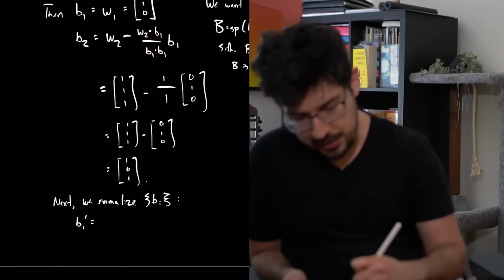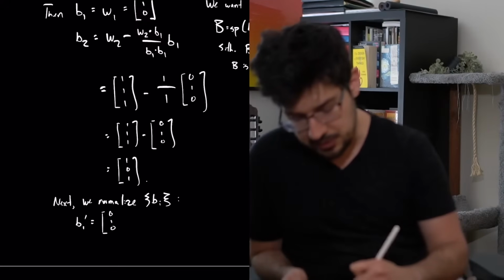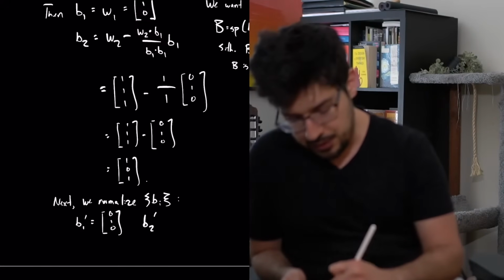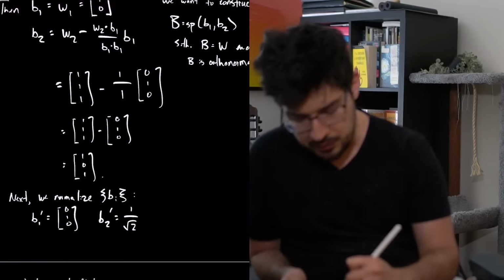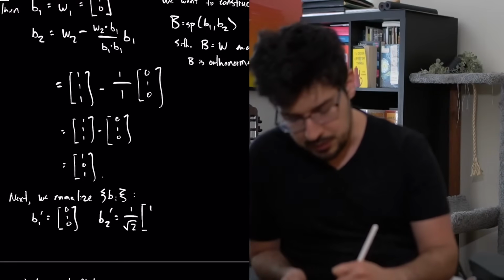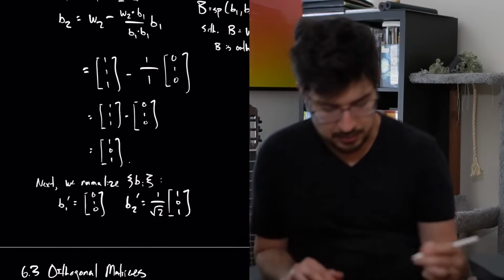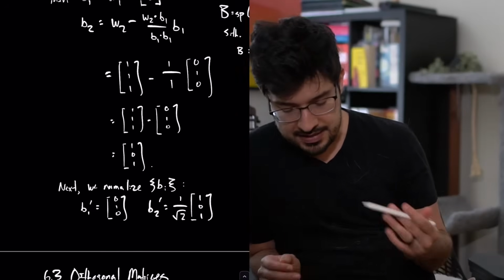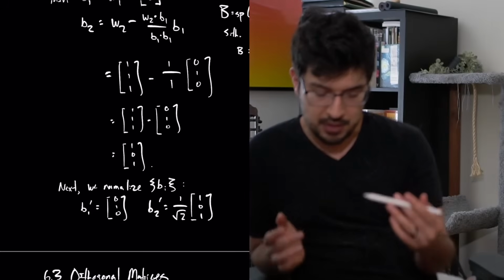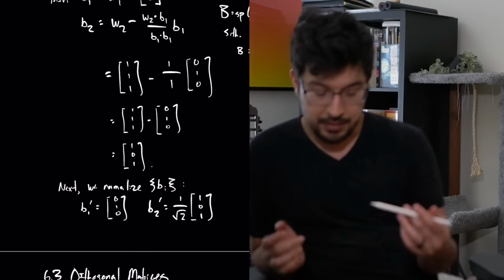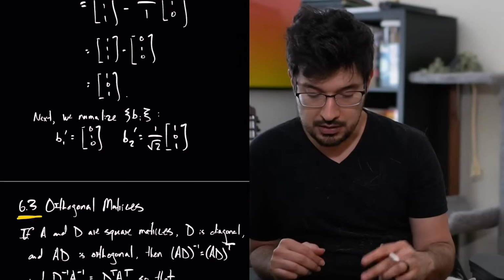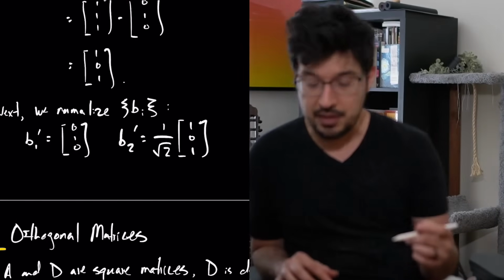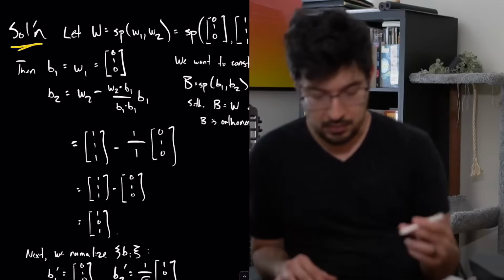So B1 prime is 0, 1, 0 normalized, which is just 0, 1, 0. B2 prime is 1 over the square root of 2 times B2. And I can see that those two vectors are orthonormal. If you take the dot product of those two vectors with each other, the dot product is 0, and both of them are unit vectors. So, I think we're done.